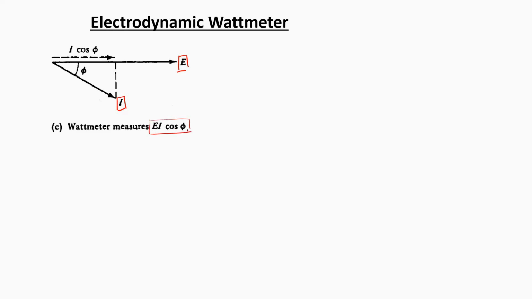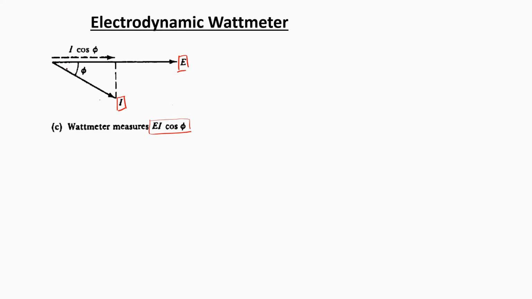It will not be a simple relation like a resistive load where the voltage and current can be directly multiplied. In case of any phase difference, the in-phase component of the current should be considered.